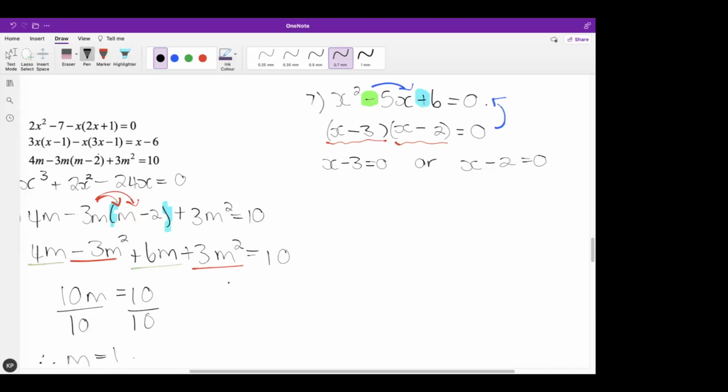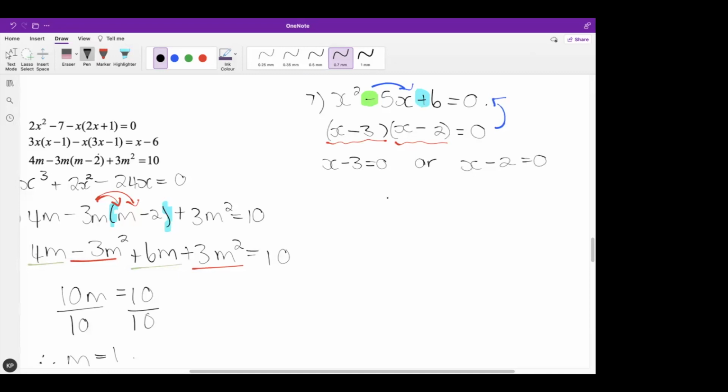So then from here, we split this one up. We say for this equation to be true, one of my brackets has to be 0. Yes, you split it up. So you say therefore x minus 3 is 0 or x minus 2 is 0.